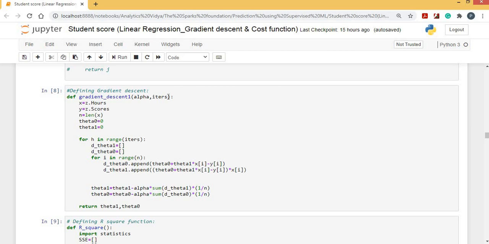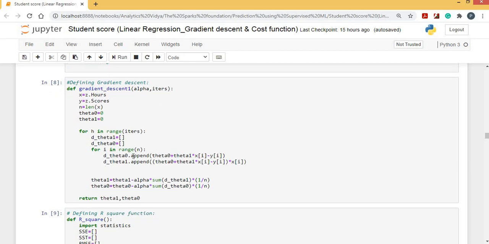And also, what should be the value of alpha, right? Alpha can be near 0.01 to 0.1. Okay, and the step size can be 0.001 or smaller, or the maximum steps of gradient descent can be 1000 as well. Okay, so I have defined the gradient descent function.